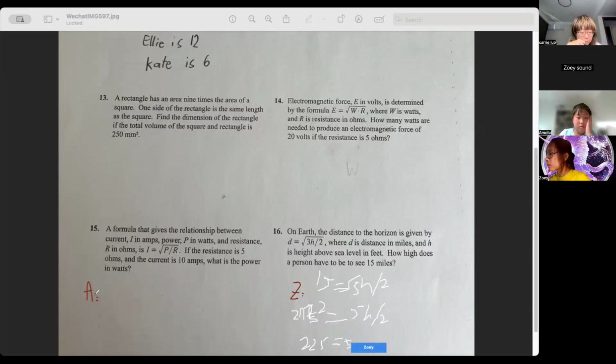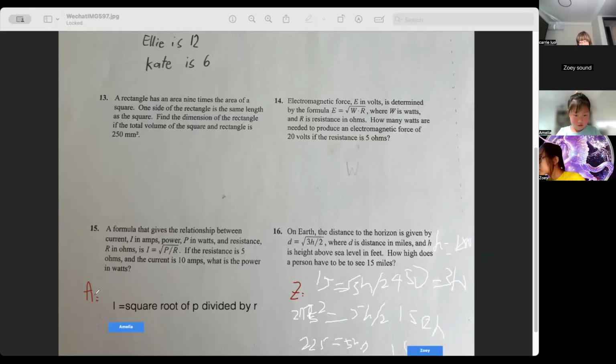Write it down step by step. You must write every step. Look, Zoe is already doing well, okay? This equals the square root of P divided by R. Right? Do we know that R equals 5 and the current amplifier is 10?